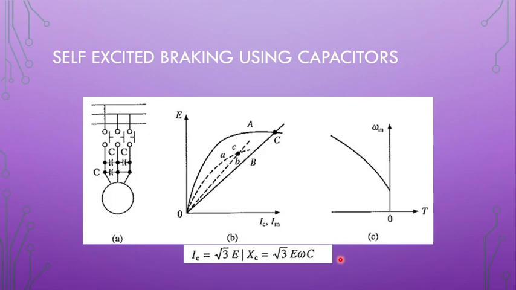If we need the process to be much faster, then along with the capacitor we can use resistors in series and parallel combination. So this is about the self-excited braking using capacitors.